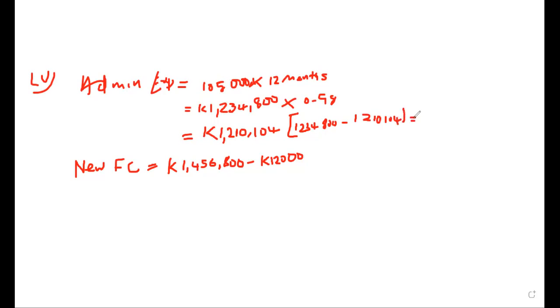Then what is the 2% here? We are just interested with the 2%. In fact, we should have done a shortcut than what we are doing here. So what's the difference here when we subtract?